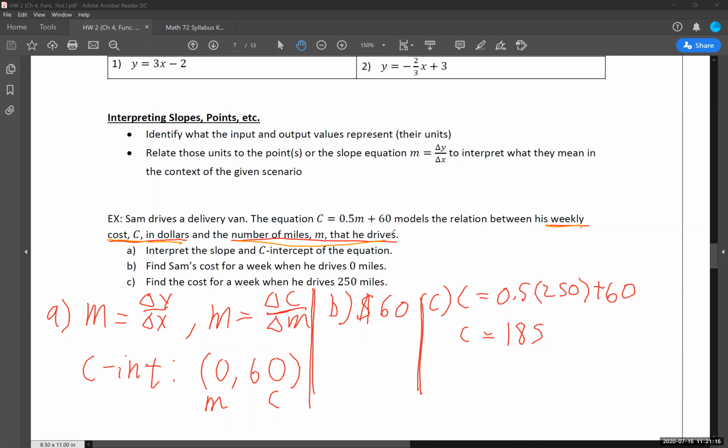So there's a big difference between calculating the slope, identifying the slope, which would be the same thing, and interpreting the slope. I want to make that distinction as abundantly clear as I possibly can. These interpretations can and will show up on the homework. They can and will show up on the test, more than likely.